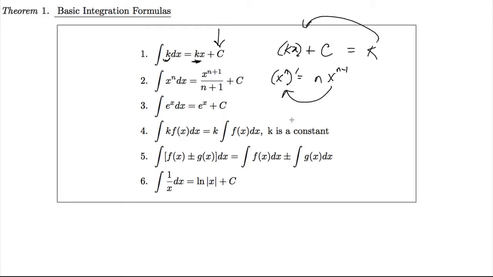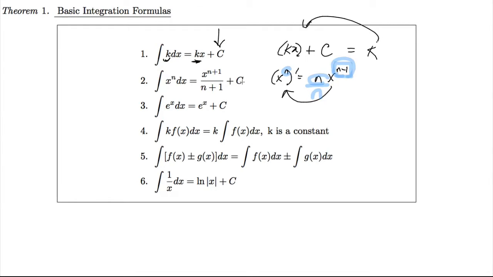You add 1 to the power, and then divide by n. If you add 1 to the exponent, you get n, and you need to get rid of this n, so you divide by n. The new n is 1 bigger than the exponent. This is how you express that.